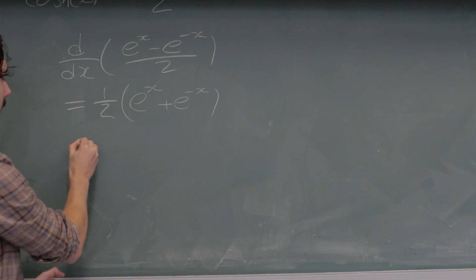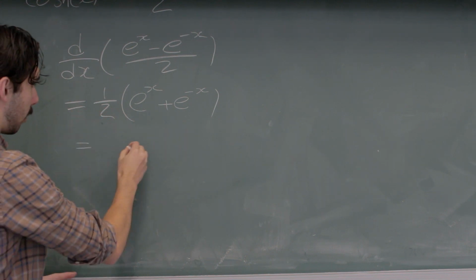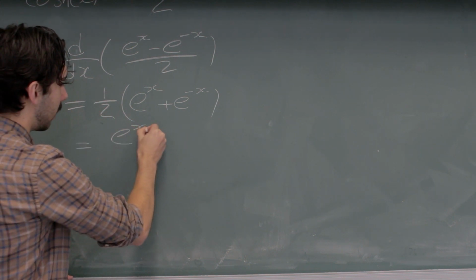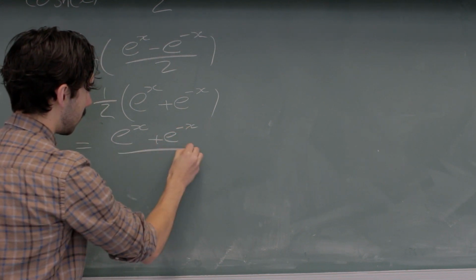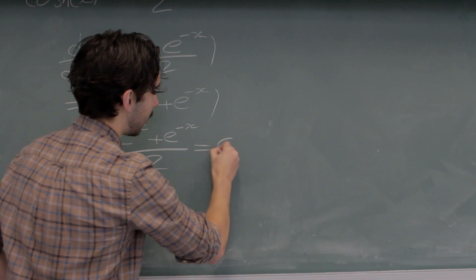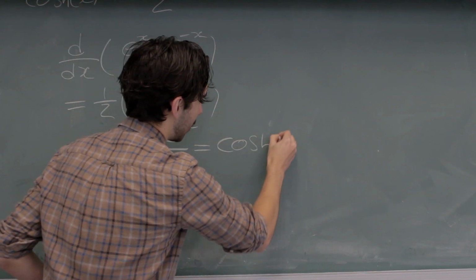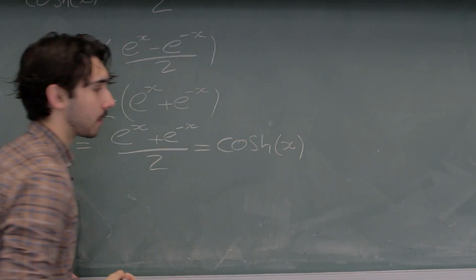If we put the half back on the bottom, this is equal to e to the x plus e to the minus x divided by 2, which is precisely the definition of cosh x. Amazing.